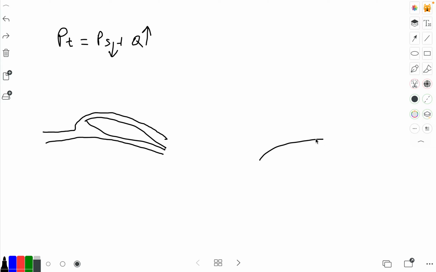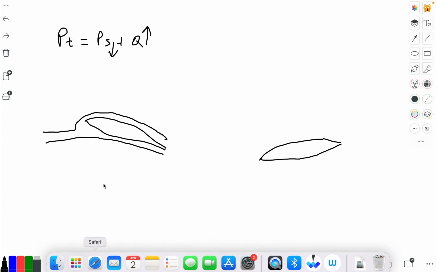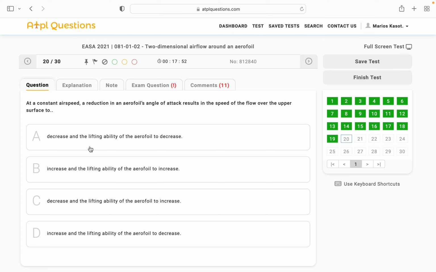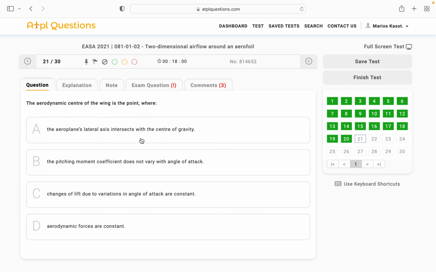When we decrease our angle of attack, things change. Speed decreases on the upper surface and lift capability decreases, because the pressure differential is not as high as at this airfoil. So on the upper surface, decrease, and the lifting ability of the airfoil decreases. Easy.